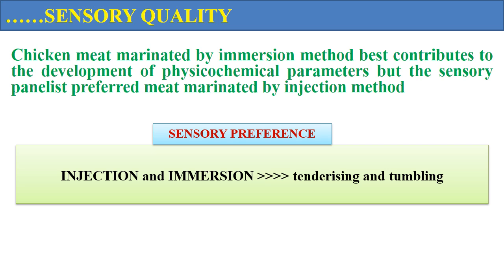From a sensory quality point of view, the injection method is best, whereas for physicochemical parameters, the immersion method is the best. So here is the sensory preference about the different methods of marination. Best is the injection method, next is the immersion method, and further next is the tenderizing method or tumbling method. So these are the four methods we are going to have a comparative discussion on.